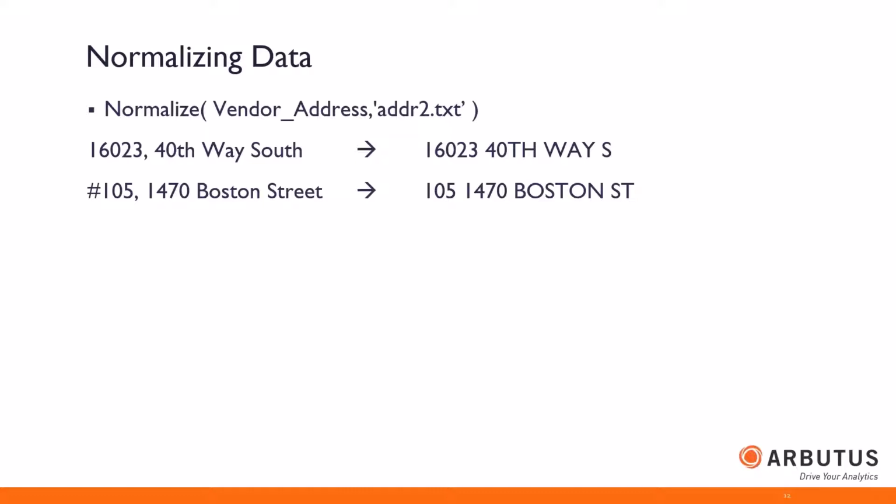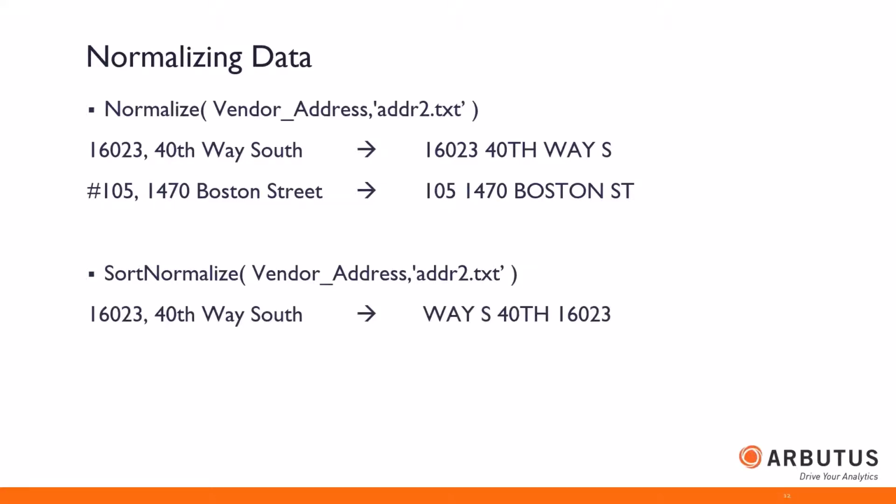That's not always enough. So there's also the sort normalize function, which does exactly what normalize does with one added twist. It sorts the components of the address into reverse alphabetical order. So 16023 40th Way South would be transformed into Way South 40th 16023.